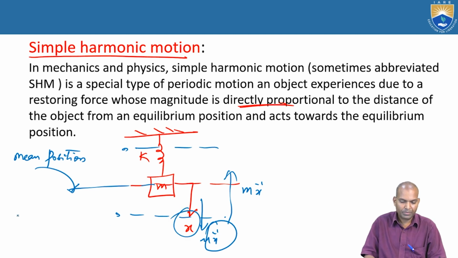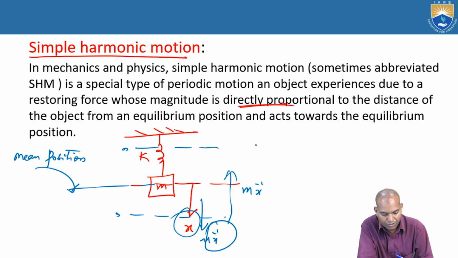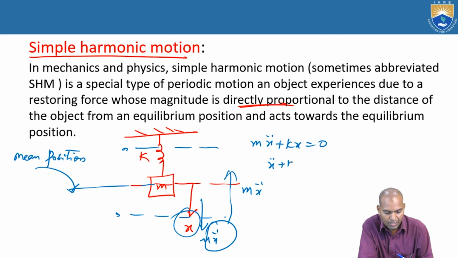Now what is the equilibrium condition or equation of motion for this spring mass system? The equation of motion for this spring mass system is m into x double dot plus k times x equal to 0. That is, x double dot plus k by m times x equal to 0.